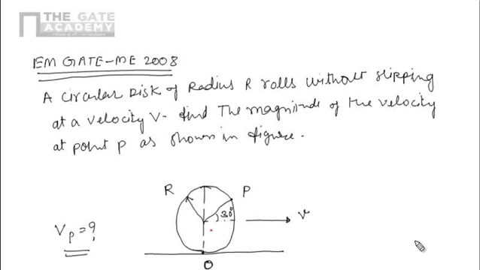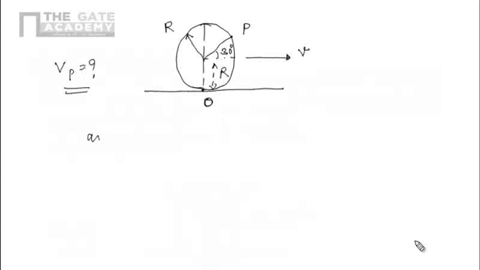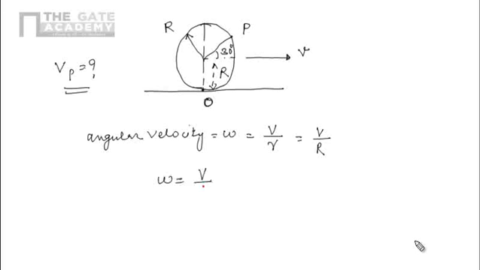Here we are having R, so now angular velocity omega equals to v by R. Here we have the velocity v and the corresponding distance is capital R. So v by R is the angular velocity.